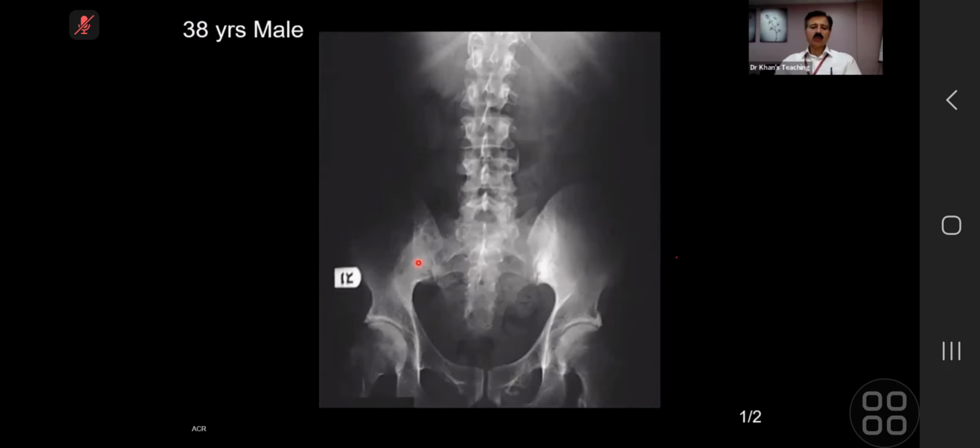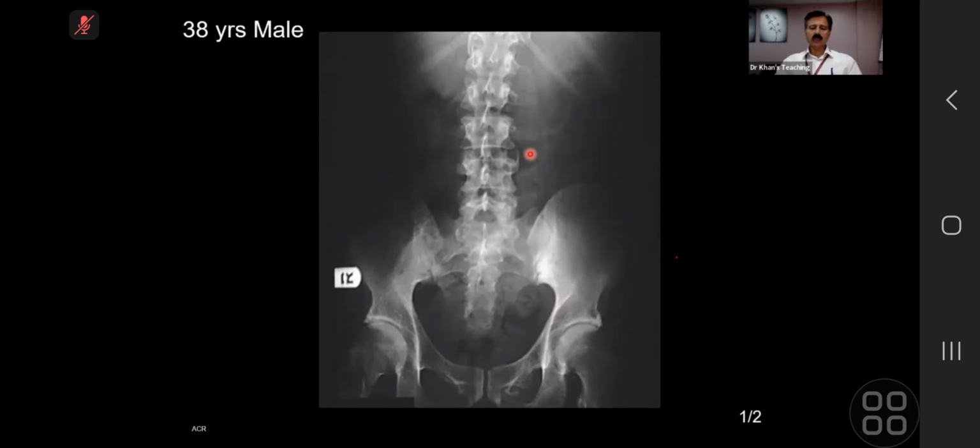Okay, with this finding and this finding, what is your conclusion? As there is asymmetrical SI joint involvement and floating syndesmophytes, the first differential is psoriasis and less likely ankylosing spondylitis. Ankylosing spondylitis will show this finding?